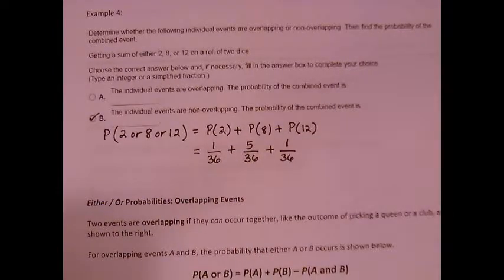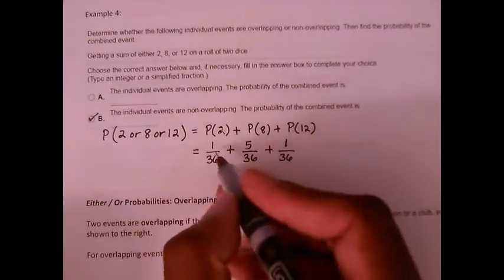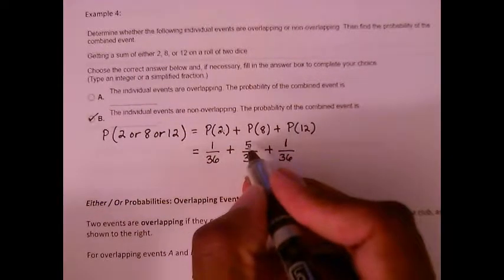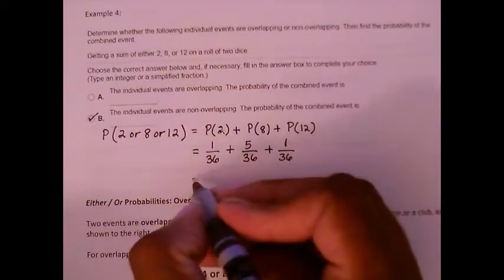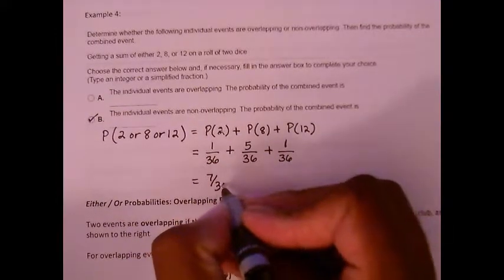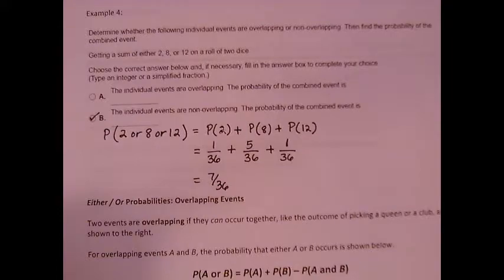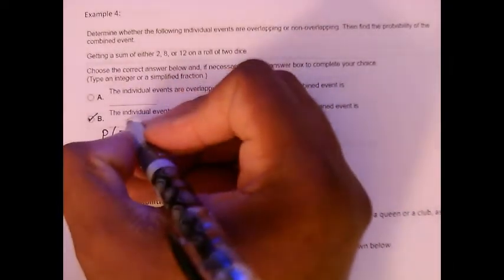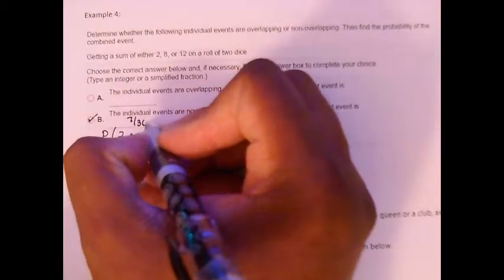Now let's add those 3 probabilities together. Here the denominators are the same, so I can add the numerators. 1 plus 5 is 6, plus 1 is 7. So the probability of that combined event will be 7 out of 36.